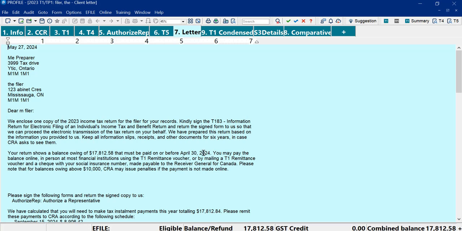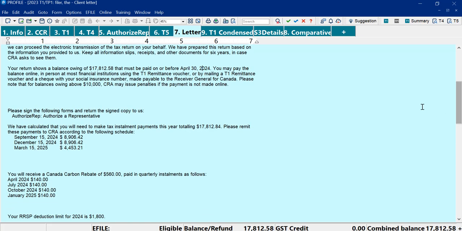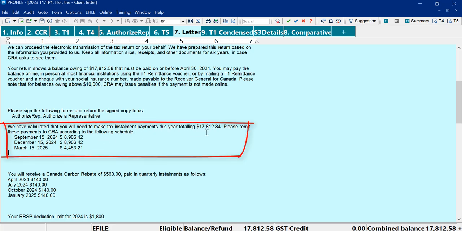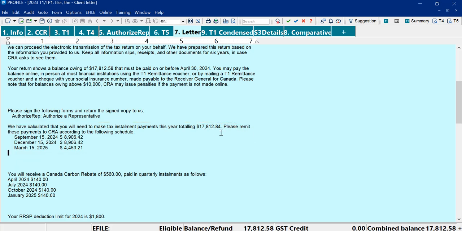If you have a balance owing, you have to pay it by April 30th in full. The next thing though is that it says we calculated that you have to pay installments this year totaling $17,812.84, and please remit them at the different dates.